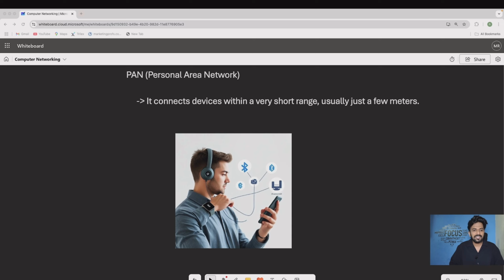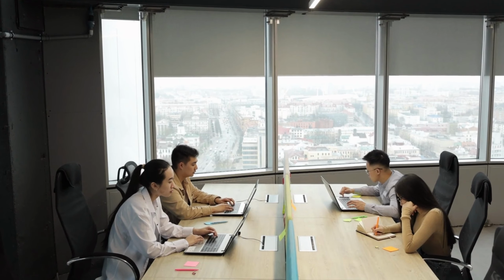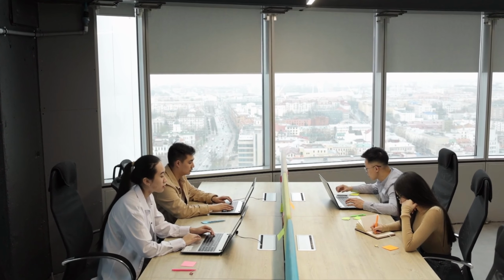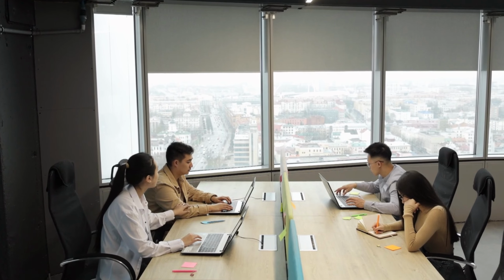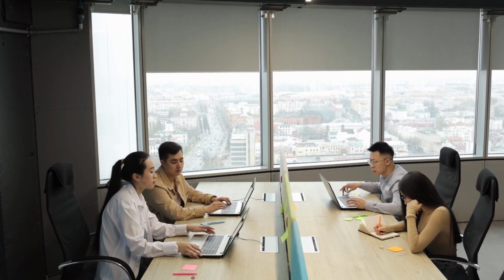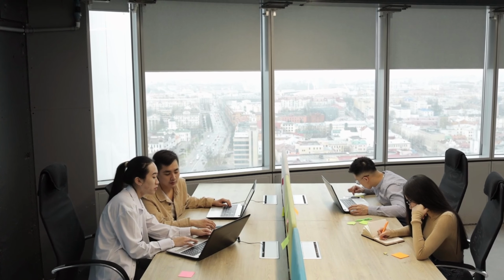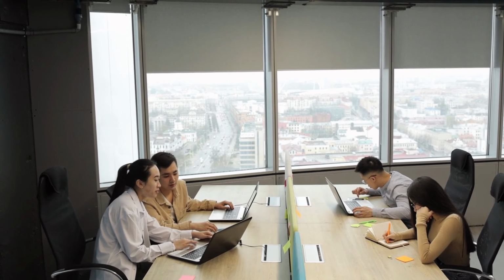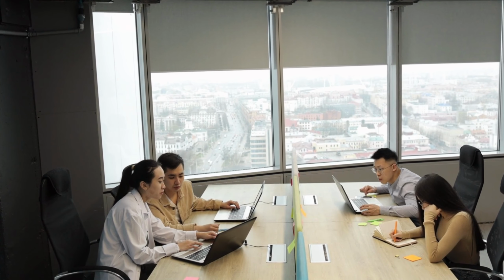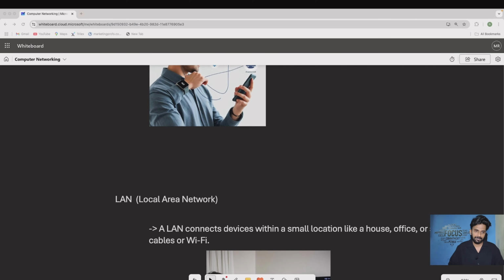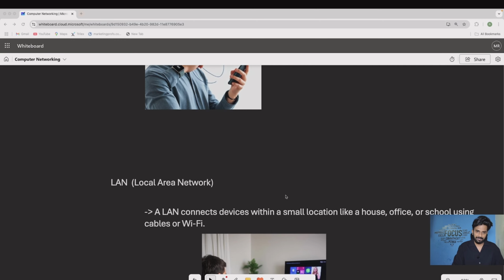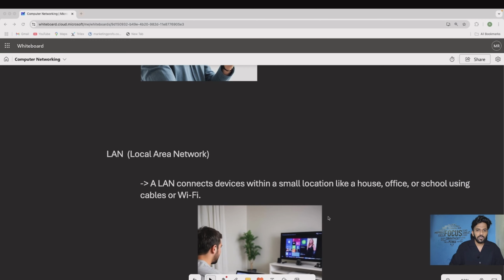The next type is LAN, local area network. First we will see the definition of the LAN. A LAN connects devices within a small location like a house, office or school using cables or Wi-Fi. Now try to understand the LAN with an example, the same way we discussed in the PAN. Now he came out from his room and walked into his home.